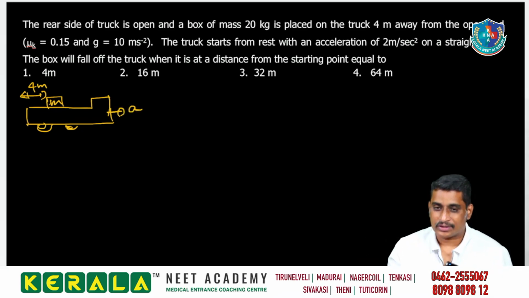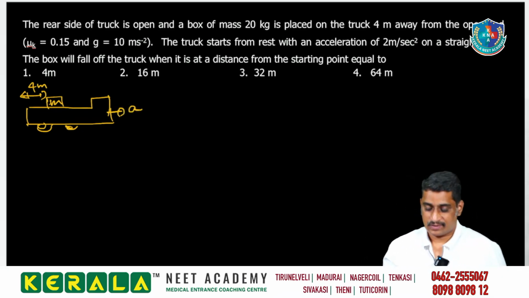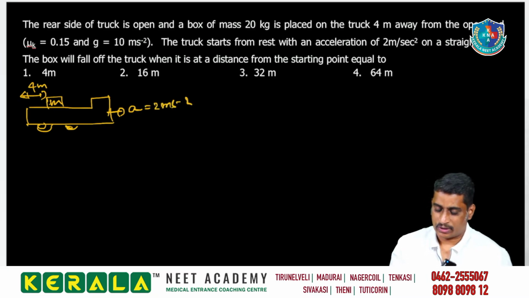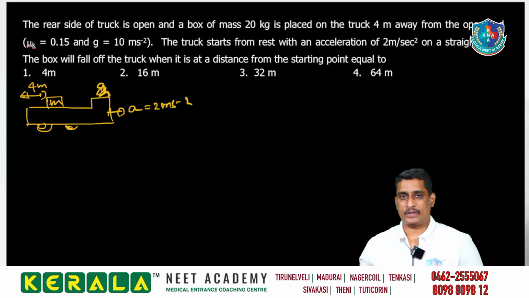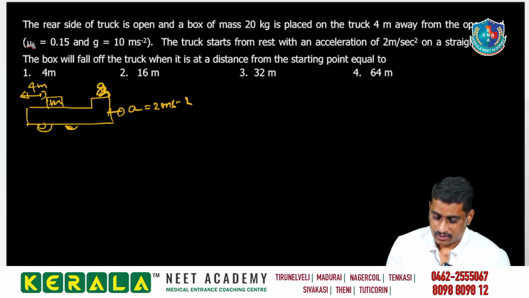Here the truck is accelerating along the positive x-axis. The truck comes under a non-inertial frame of reference as it is accelerating. This value they have given as 2 meter per second square. When we look at this block from the truck frame of reference, the block will be acted on by different forces.